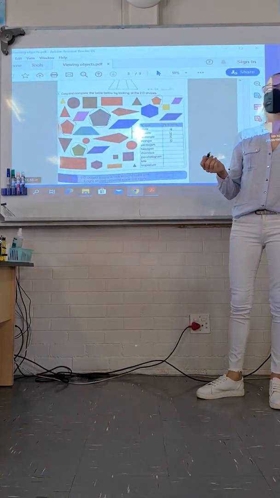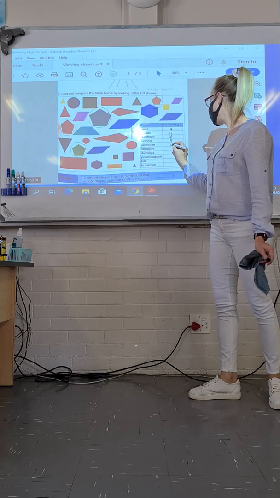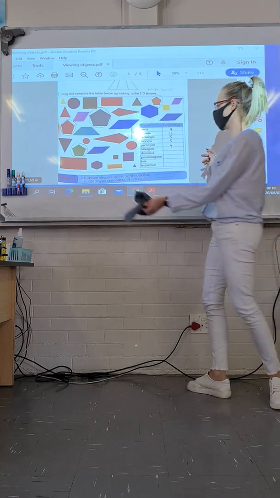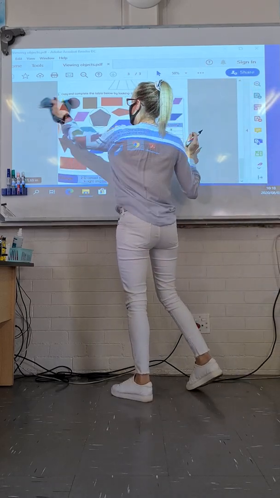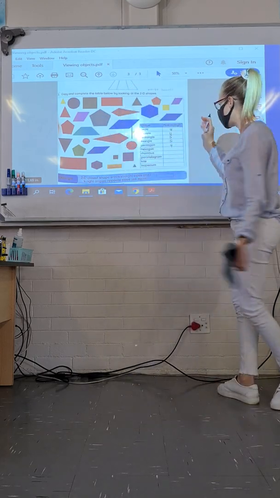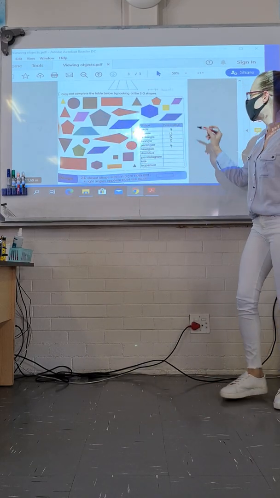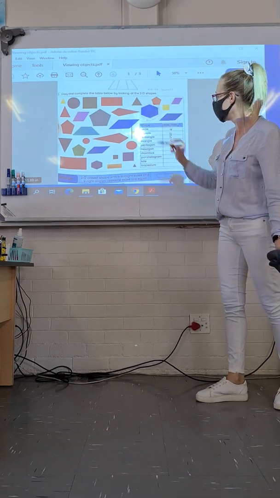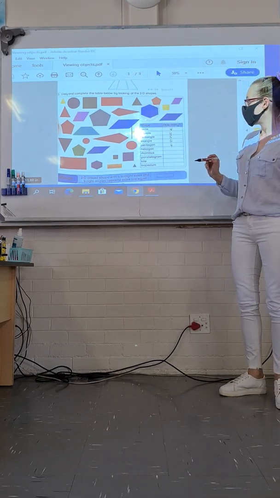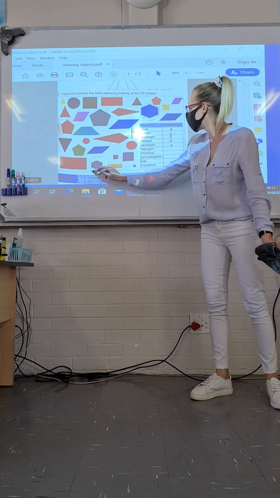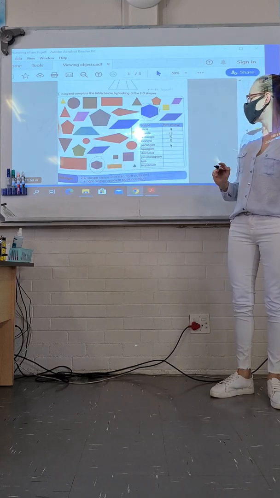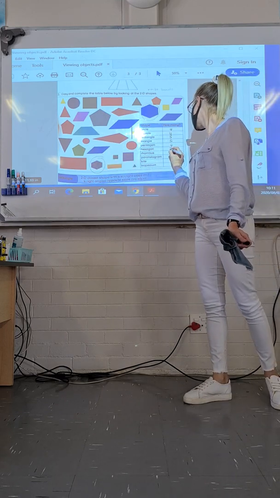Anyone else spot one? Okay. We have 4 pentagons. Okay. How many hexagons? Well, how many sides does a hexagon have? 6. So there's 1. Where's another one? So there are 2 hexagons.